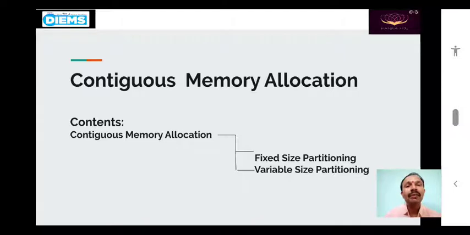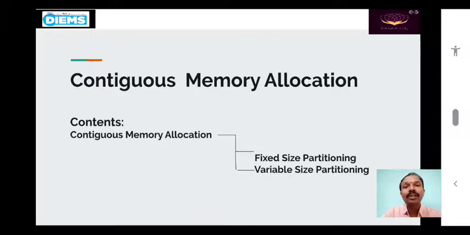It means that if in a partition I want to save data and that particular partition is incapable of storing the larger amount of data, then that partition will store the amount of data it can occupy, and the remaining data will be stored in the next partition. That is known as the non-contiguous memory allocation scheme, and for that we took the example of a linked list. I already cleared this in my previous video.